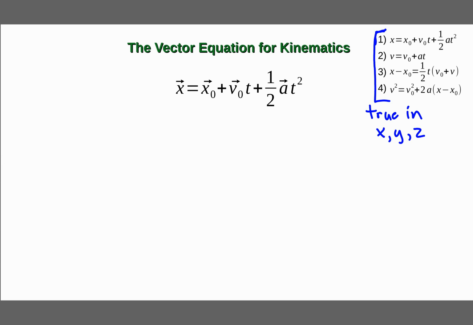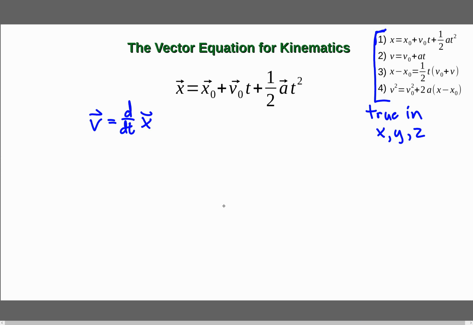It's also true that our description of velocity as the rate of change of position and of acceleration as the rate of change of velocity still hold. So remember, if we wanted to know velocity, we would take the derivative with respect to time of position. That was true in one dimension, and it's still true here. So what this piece means is that we take the derivative of the x component with respect to time. We have the derivative of the y component with respect to time.